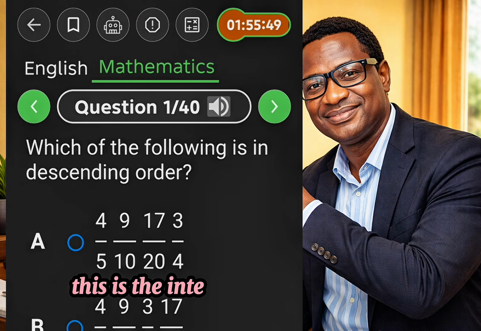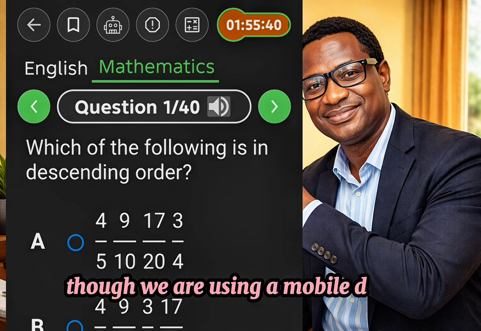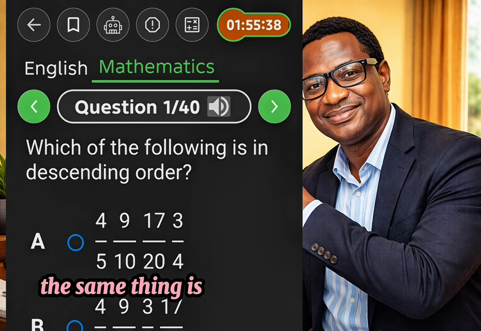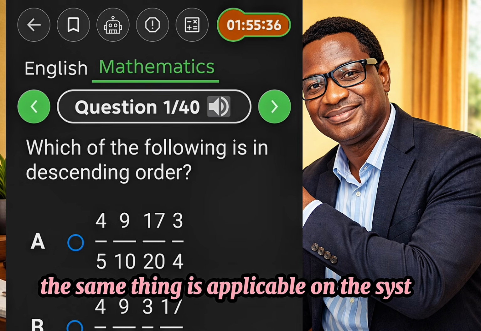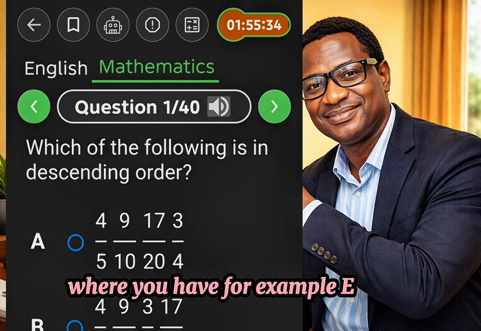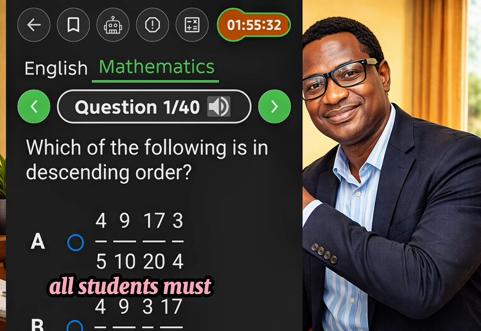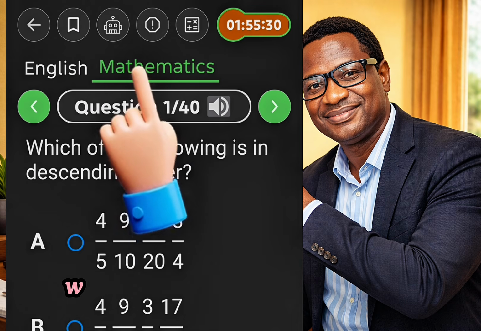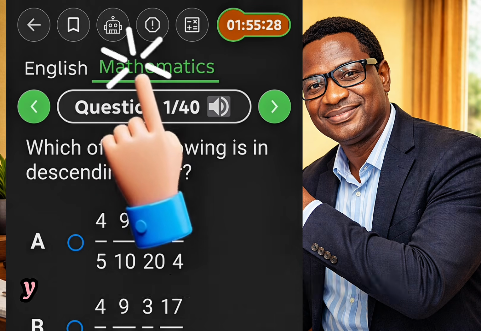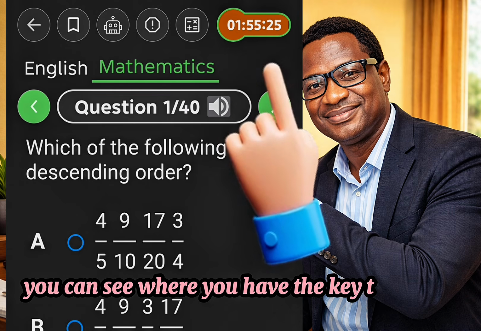This is the interface of the JAMB exam, just a typical example, though we are using a mobile device. The same thing is applicable on the system. So where you have, for example, English, which is compulsory, all students must have taken the English. So where you have mathematics to take, you can see where you have the key time here.